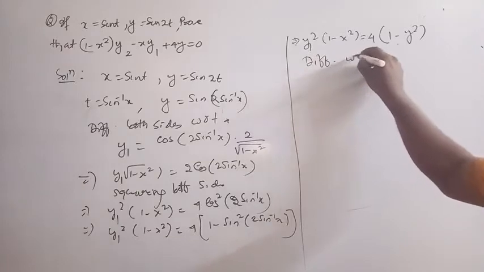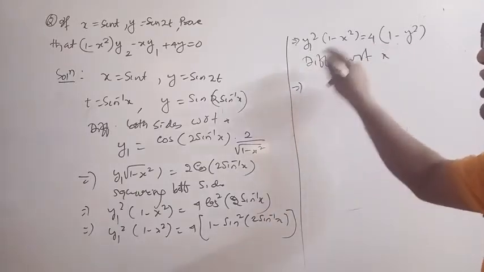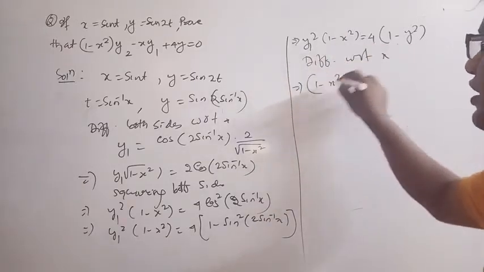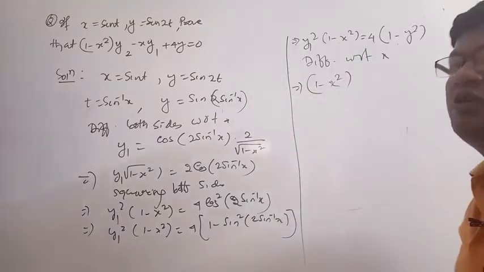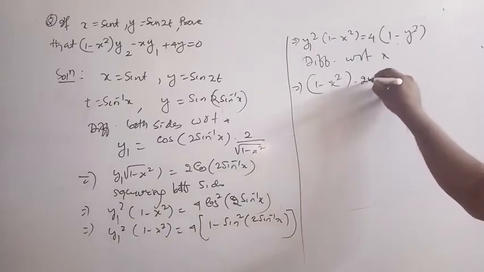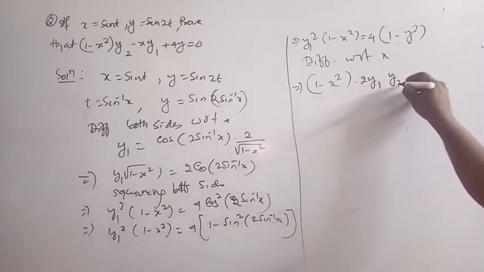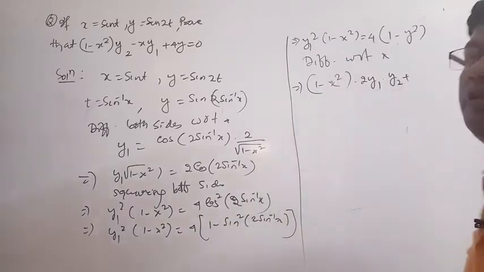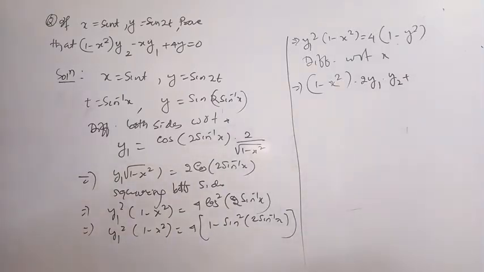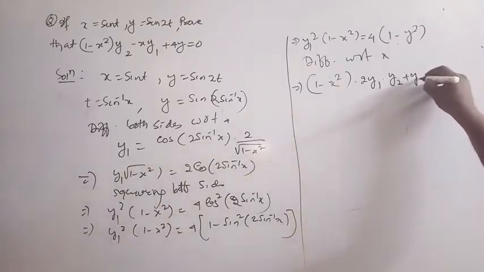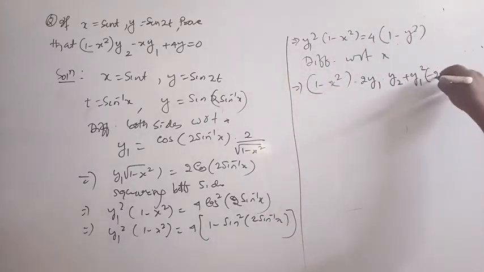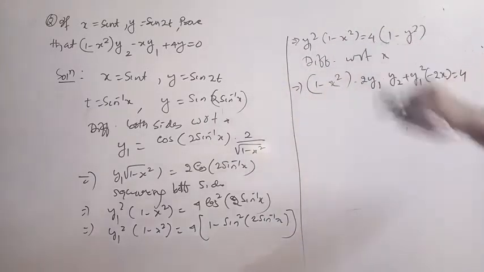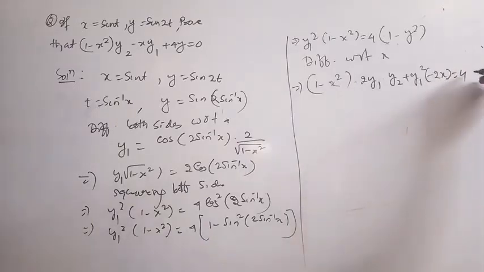Differentiate again with respect to x. Taking u as y1 square and v as 1 minus x square: v du means (1 minus x square) into 2 into y1 into y2, plus u dv means y1 square into minus 2x. On the right, 4 into derivative of 1 minus y square, which is minus 2y into y1.